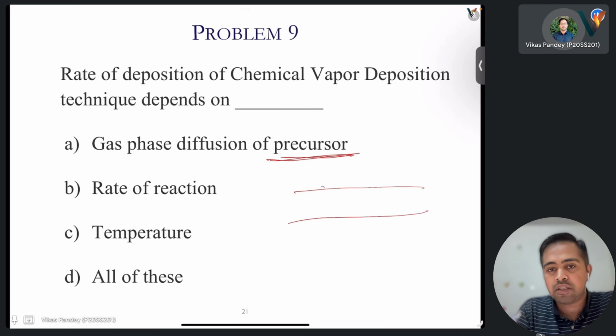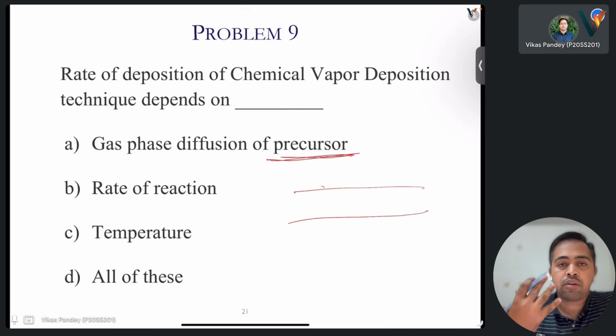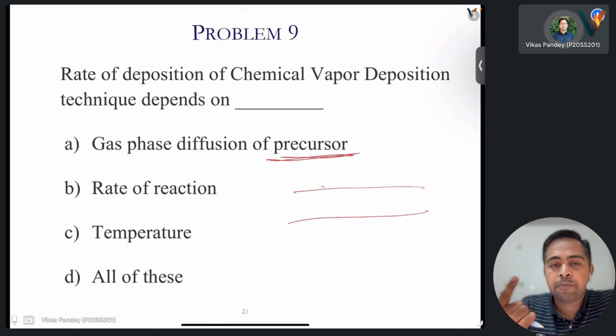Rate of reaction certainly is a factor, since we are talking about chemical reactions. So if the rate of reaction is high, we will get more deposition. If the rate of reaction is less, we will get lesser deposition.